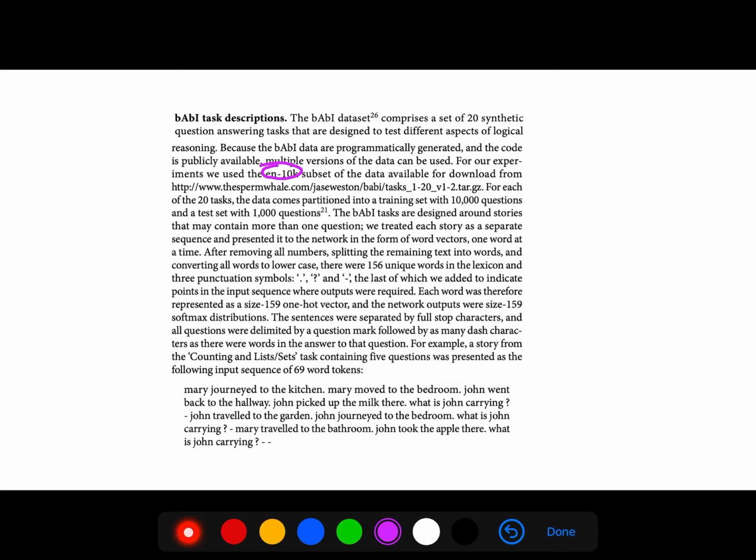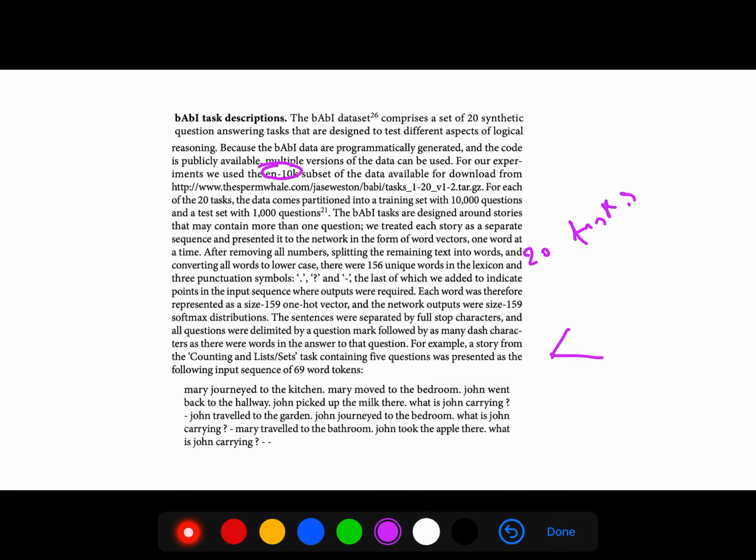For each of the 20 tasks, the data comes partitioned into a training set of 10,000 questions, and a test set of 10K questions. So we have 20 tasks.